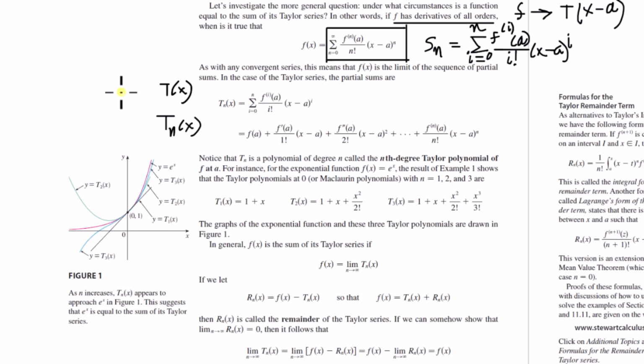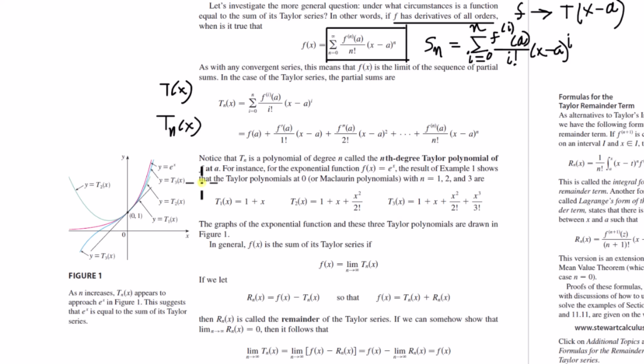With all of that, we never had an x in those. It was always just a straight-up a sub n formula. There was no x involved. So this is the first time you're seeing this idea of the partial sum with an x in it. Just note that it might be confusing you because you haven't seen that yet. So you understand what the nth partial sum means for the Taylor series.